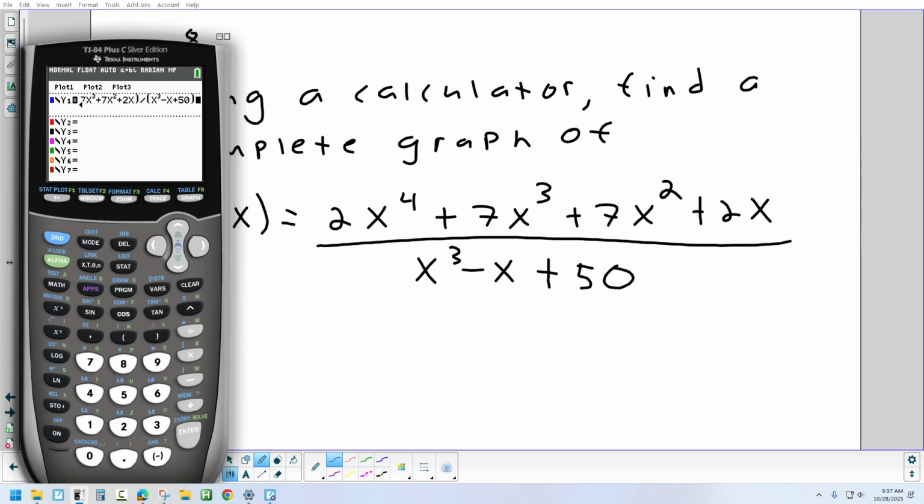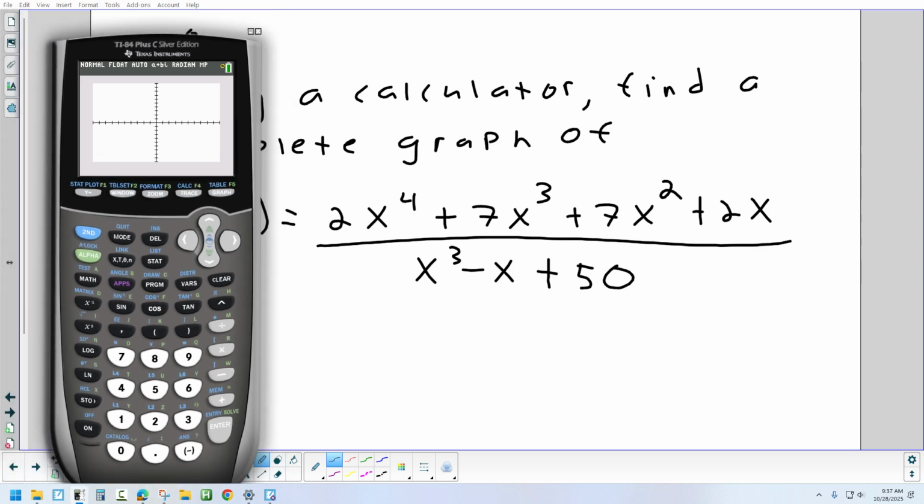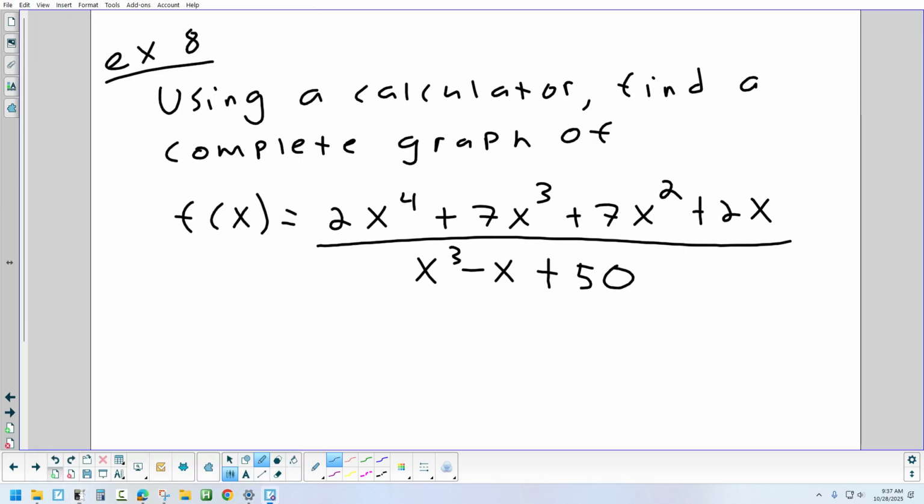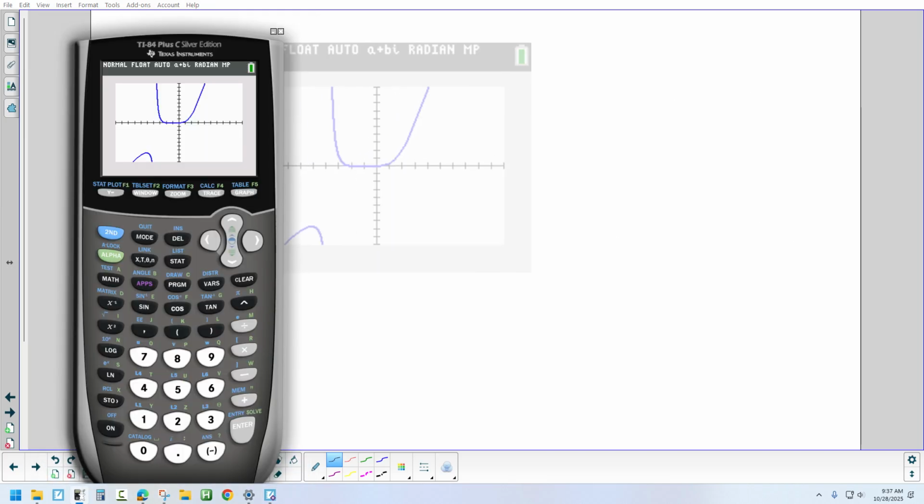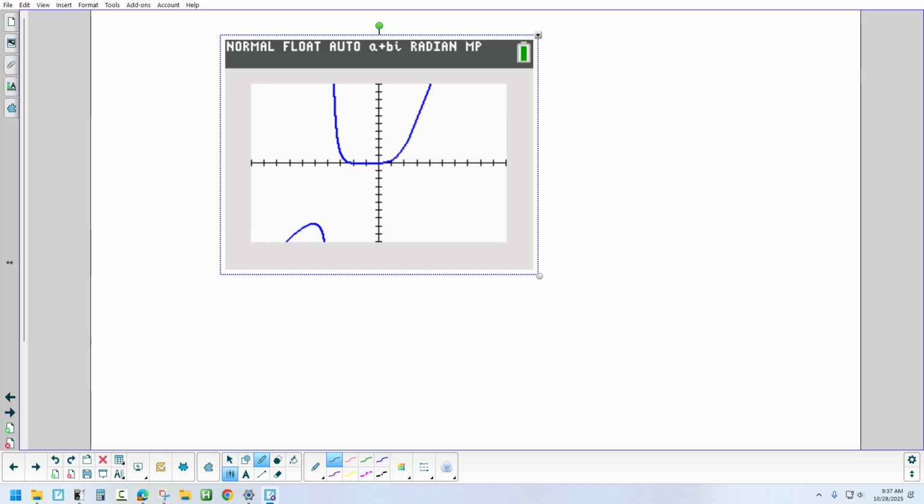Okay, I'm going to start with zoom 6, make sure, I'll see how that window looks, and then we'll go from there. Okay, so let's start with that. Does that look like a complete window, complete graph? No, I can't see the slant here.